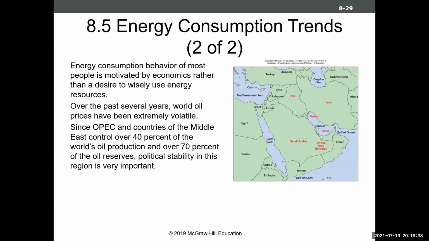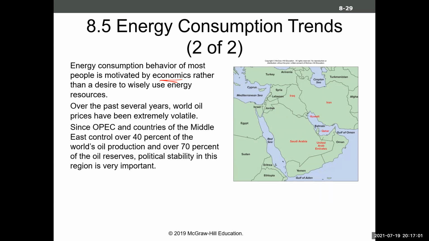Energy consumption behavior, though, is typically motivated by economics. Right? So again, if energy is cheap, you're not really going to care about conserving it. If it's expensive, you're going to be focusing on whether or not you're using a bunch of energy, mainly because you don't want to pay hundreds of dollars for an electric bill, right?